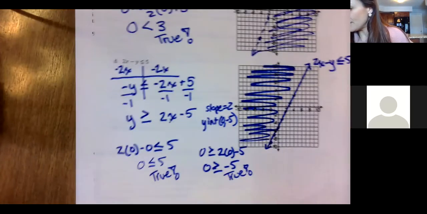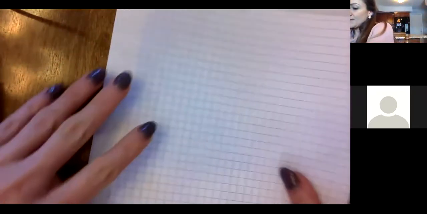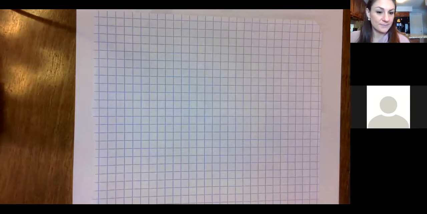So let's go ahead and move on to the toolkit. If you have your learning log at home, your blue folder, you can take notes there. If you don't, you can just take notes on a piece of paper. I would suggest graph paper if you have it.